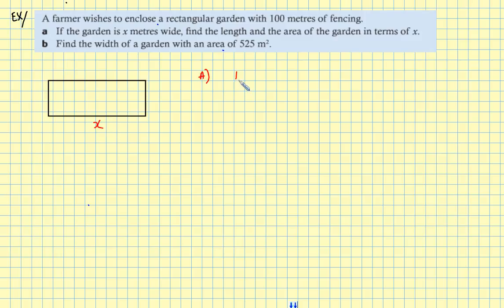So let's take a look at our rectangular garden, and I'm going to call the width, let x equal the width of the garden, and therefore, because we have 100 meters of fencing, this is going to be 100 minus 2x. So I will let 100 minus 2x equal the length of the garden.